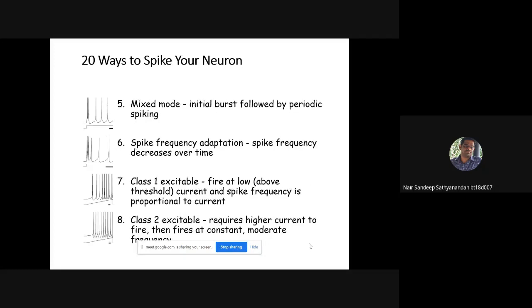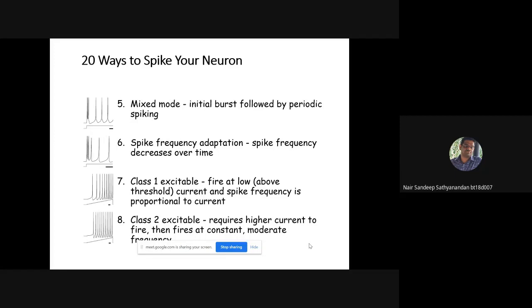And now the mixed mode. Sometimes it bursts, sometimes it doesn't burst. It is periodic in nature. And the spike frequency adaptation. How does the spike frequency change over time? And then next is class 1 and class 2, where in class 1 it fires at a very low current threshold, and the spiking frequency will be proportional to the current.